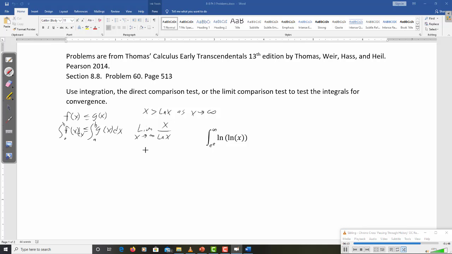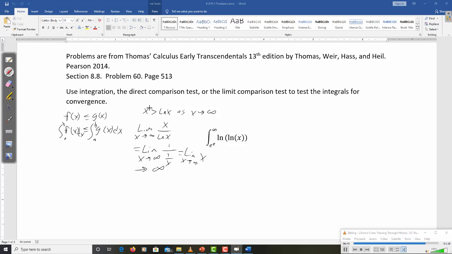If you do L'Hopital's rule, this is the limit as x goes to infinity of 1 over 1/x, which is the limit as x goes to infinity of x, which just goes to infinity. That means the top must increase more quickly than the bottom. So x is greater than ln of x.